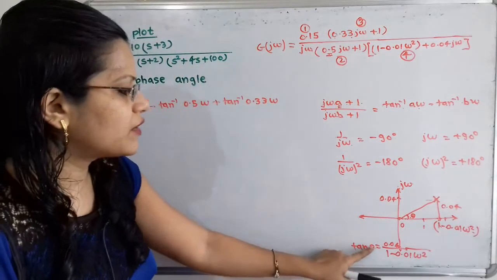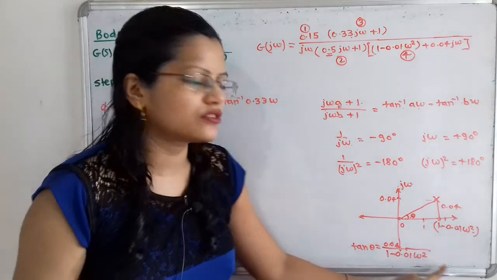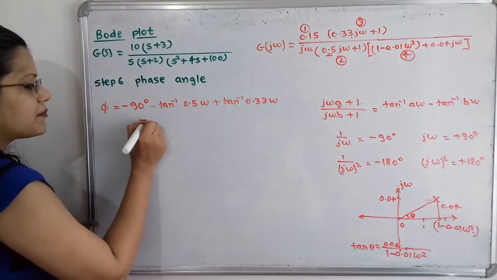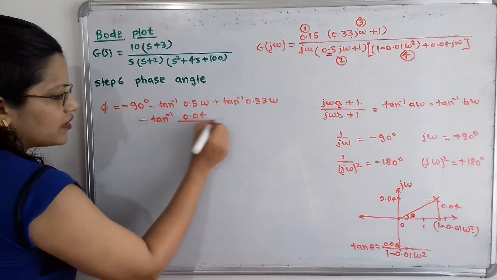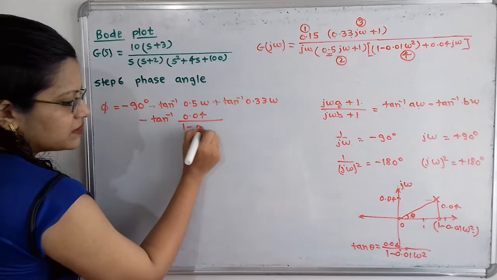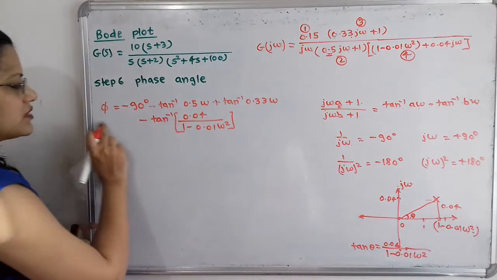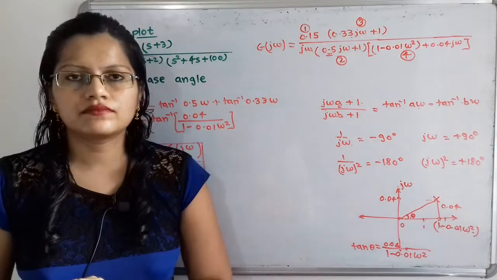So theta is equal to tan inverse of 0.04 divided by 1 minus 0.01 omega square. But this term is in the denominator, so I will write minus tan inverse of 0.04 divided by 1 minus 0.01 omega square. So this is the phase angle phi for all these four terms.